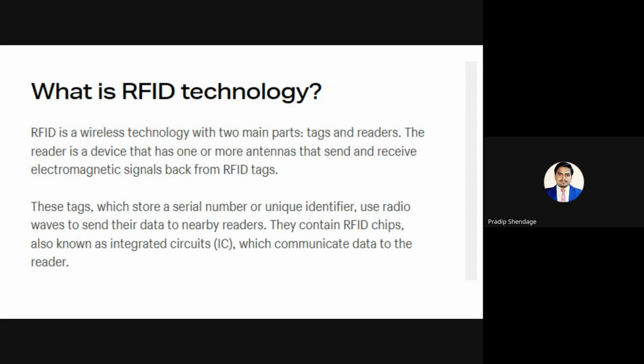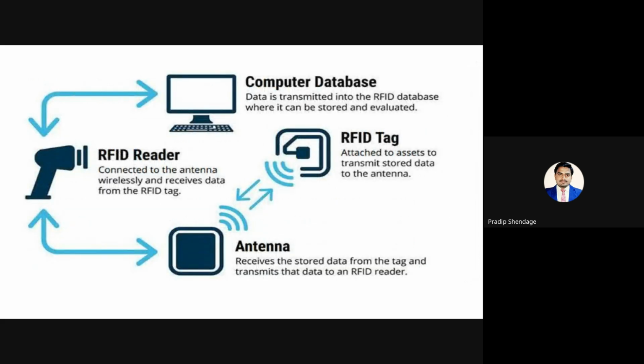Now, how does RFID technology work? There are four main components: computer database, RFID reader, RFID tags, and antennas. An RFID tag is attached to a particular object, and the tag will transmit whatever data is stored in it to the antenna.